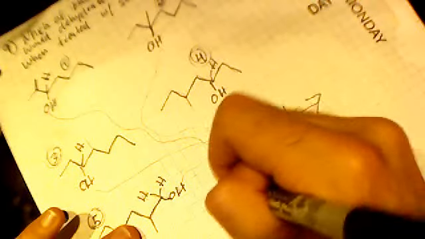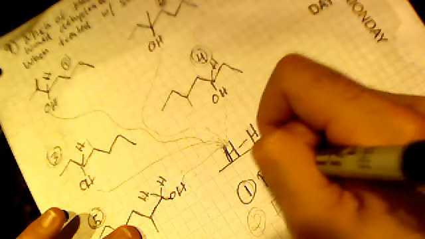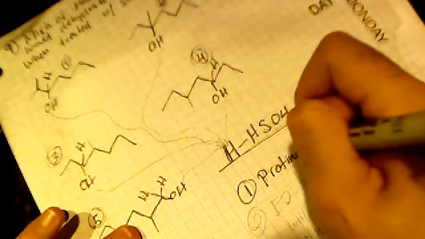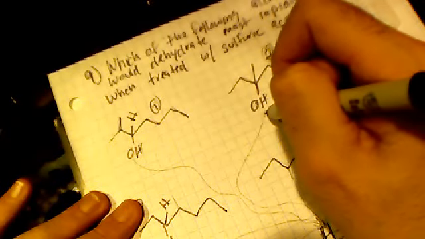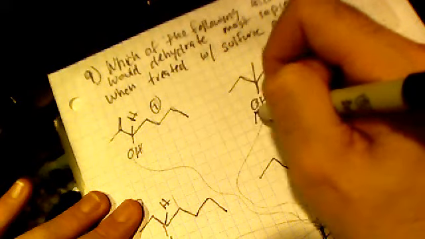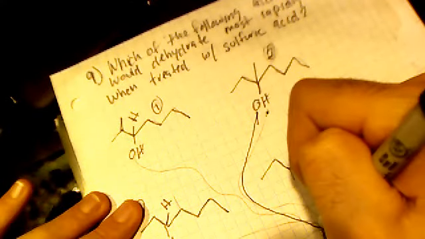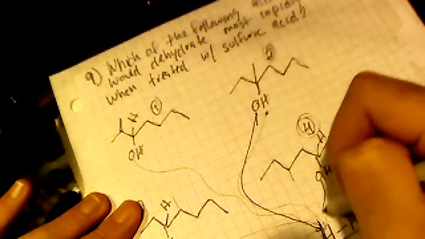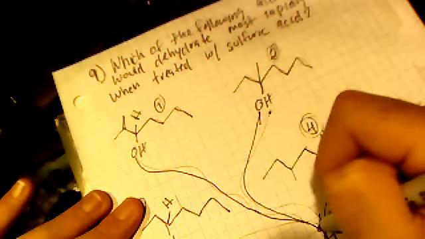So the first thing that's going to happen is going to be protonation, right? This acid is going to protonate. All these oxygens from all these different alcohols are going to be coming down here, grabbing this hydrogen. They're all going to want it. So that would be the first step, protonation.